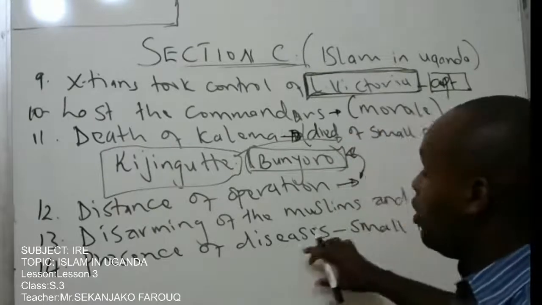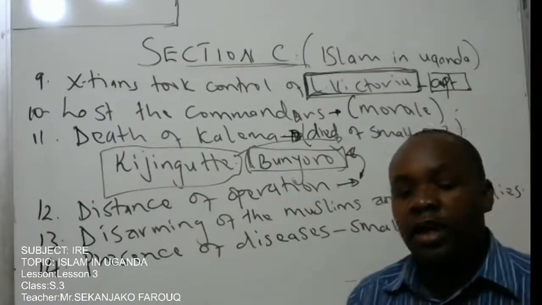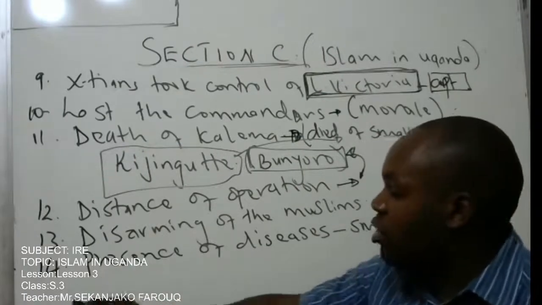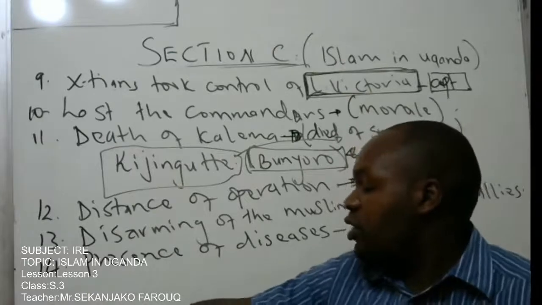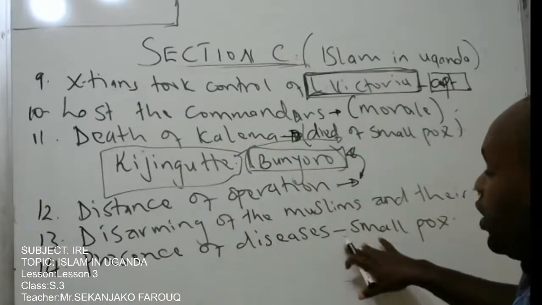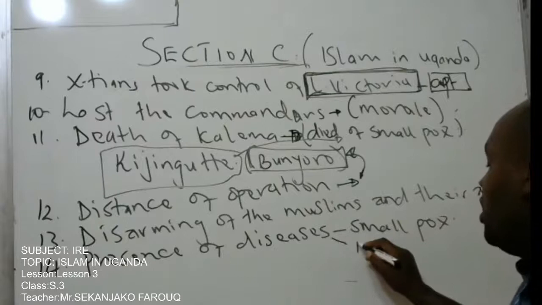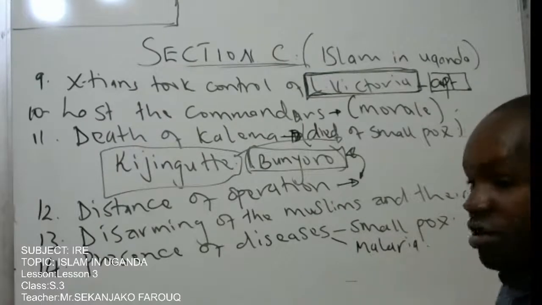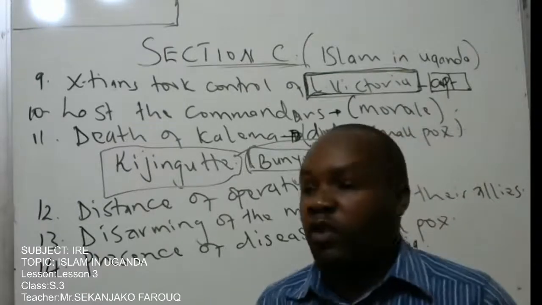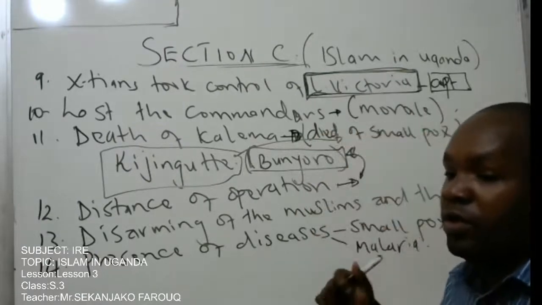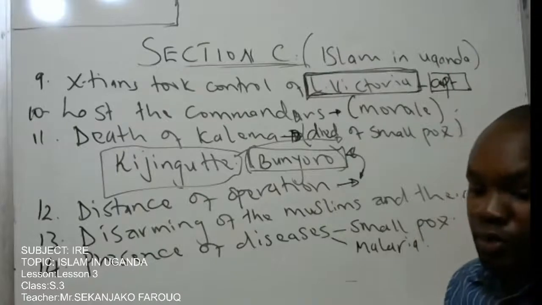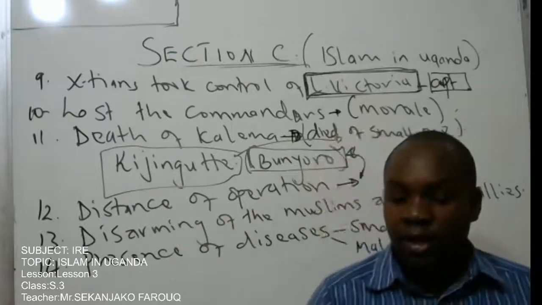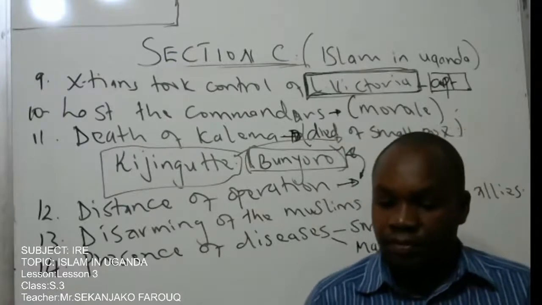There were a lot of forests in Uganda and Africa as a whole, which gave rise to a lot of mosquitoes, resulting in diseases like malaria and smallpox, among others. They claimed a number of lives, especially among the Muslims who had to run to different areas, and this led to the defeat of the Muslims in the political religious wars.